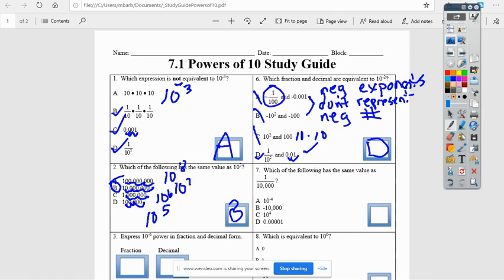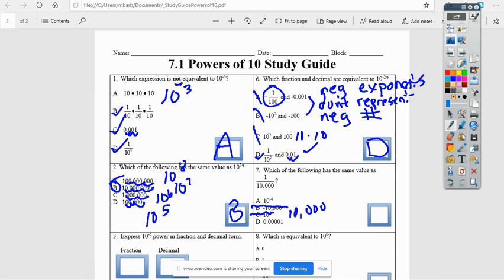Which of the following has the same value as 1 over 10,000? I know it's going to be a negative exponent. B is the same as before, you can't use negative 10,000. It won't work. And C is 10 to the 4th power, so that's 10 times 10 times 10 times 10, which equals 10,000.